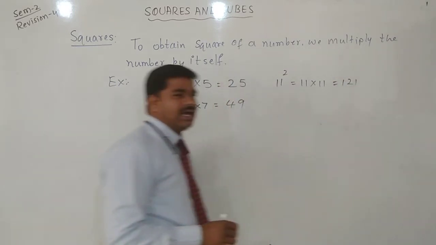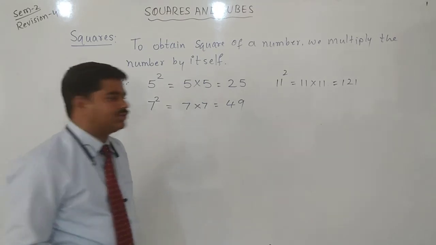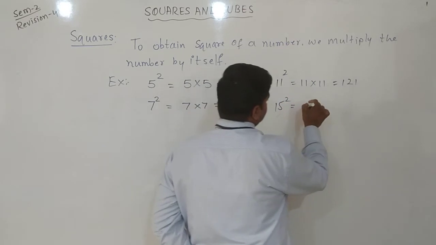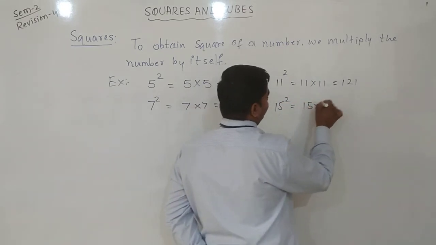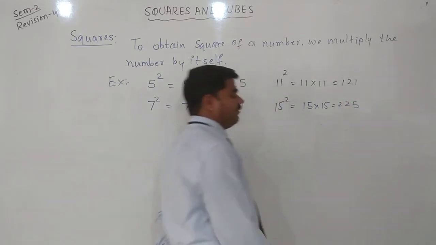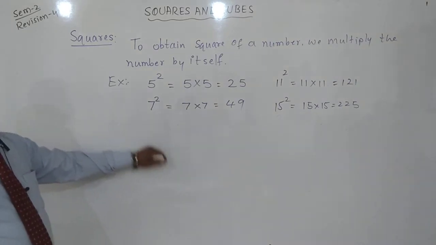I told you to write the squares of the numbers 1 to 30 at minimum. Here, 15 square, we can write 15 into 15, that is 225. Very simple.